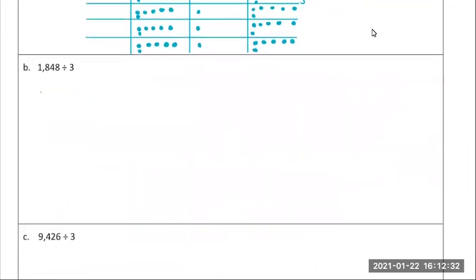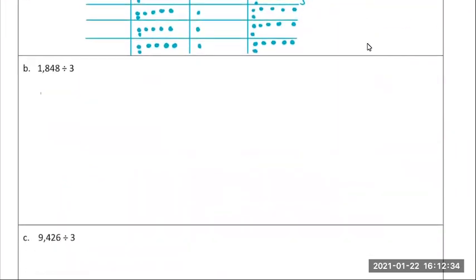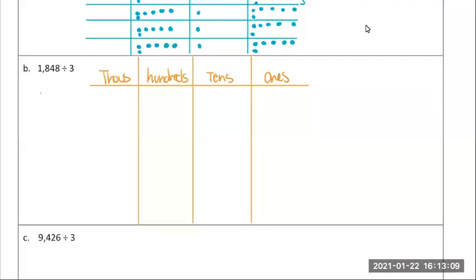Okay, let's do this next problem. Okay, so we are going to go ahead and put our dividend into our place value chart. We have 1,800s, 4 10s, and 8 1s.